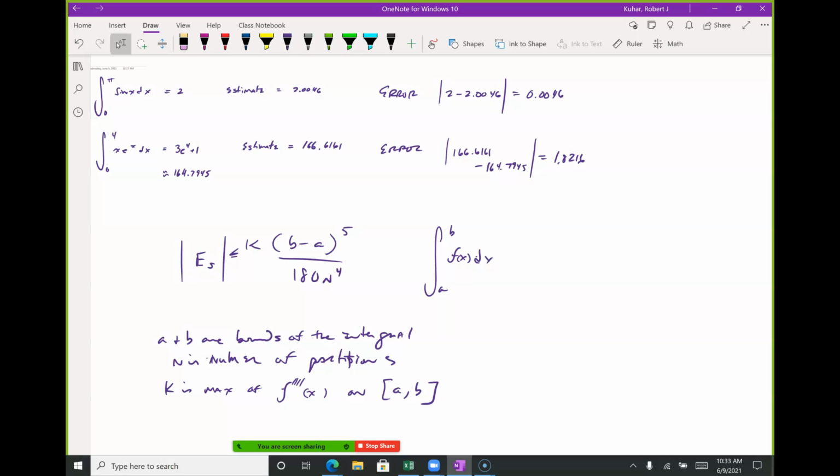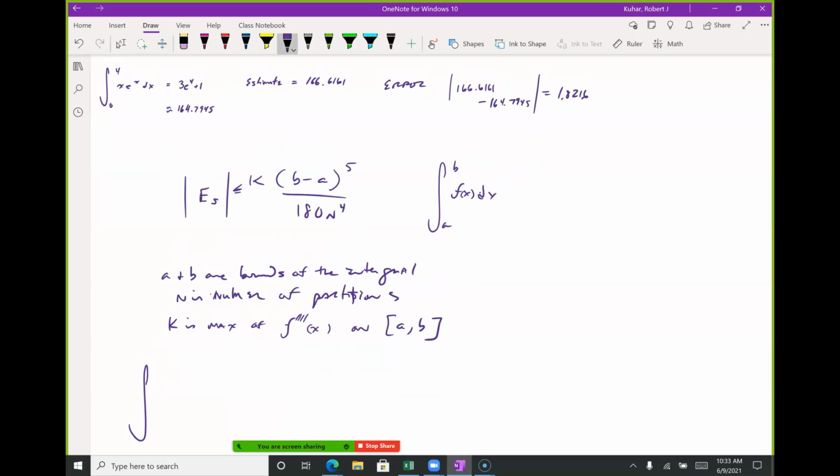All right, well, the first one's easy. The second one's not easy. The first one's easy, right? We know b minus a is pi minus 0, correct? So for the integral from 0 to pi of sine of x dx, think about the fourth derivative there.